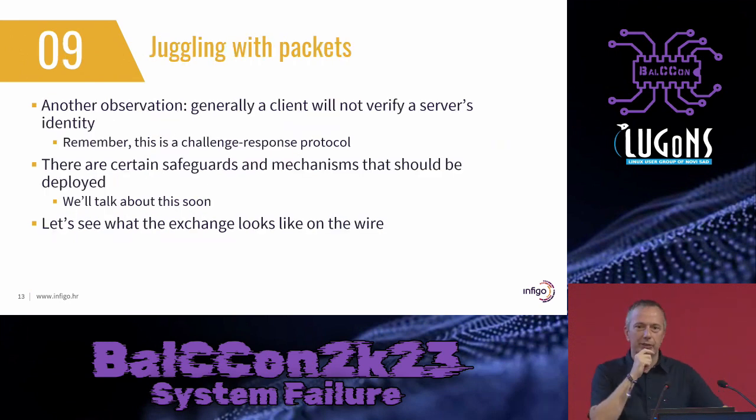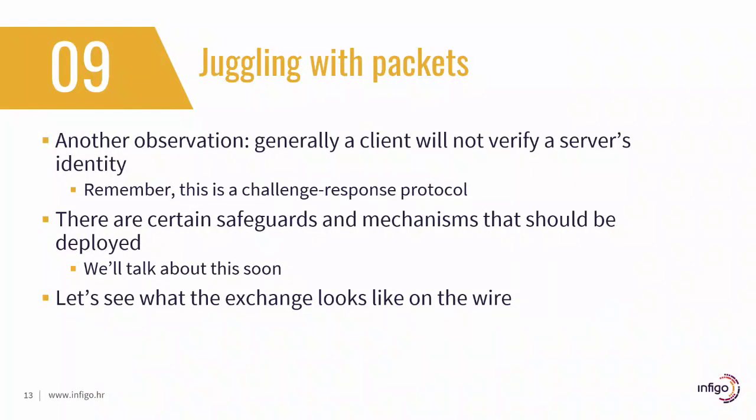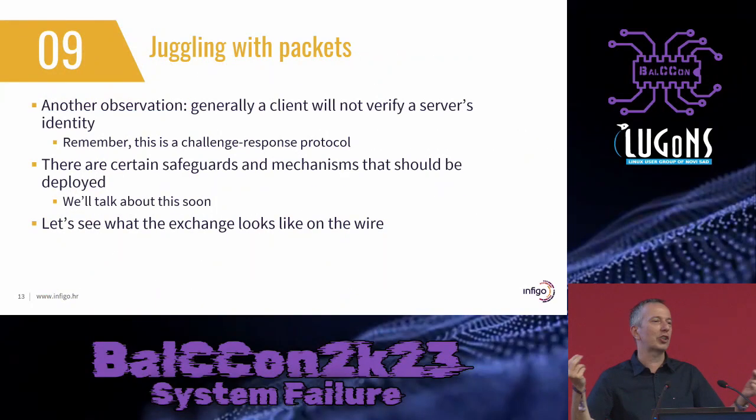There's another observation here. If I'm sitting somewhere on your network, and I somehow get your client to talk to me instead of the target server, I can actually relay that connection to a different server. Because by default, hey, it's Microsoft, these two sides will not check whom they're talking with.